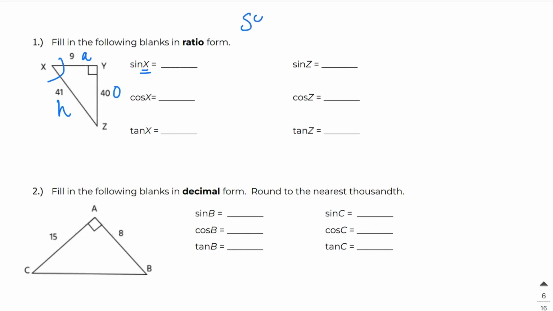So let's write out Sohcahtoa. Sine is always opposite over hypotenuse. So I'm going to take the opposite and the hypotenuse, so this would be 40 over 41. And in ratio form, what that means is just to write it as a fraction.